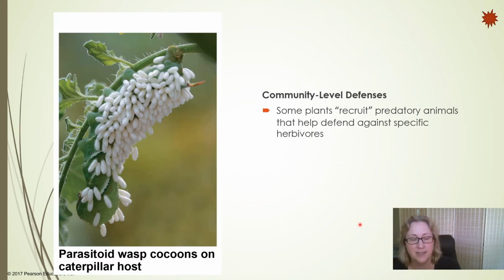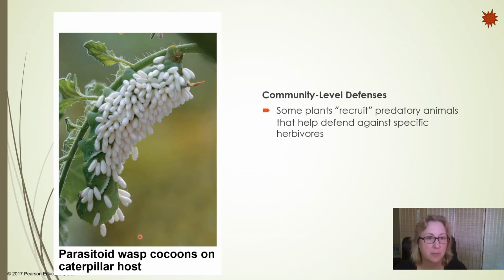Interestingly, some plants also, if they're being attacked by larvae of moths, will produce compounds, more pheromones, to attract predators of those moths. So many species of wasps are parasitic, and they lay their eggs on caterpillars or larvae of other species.